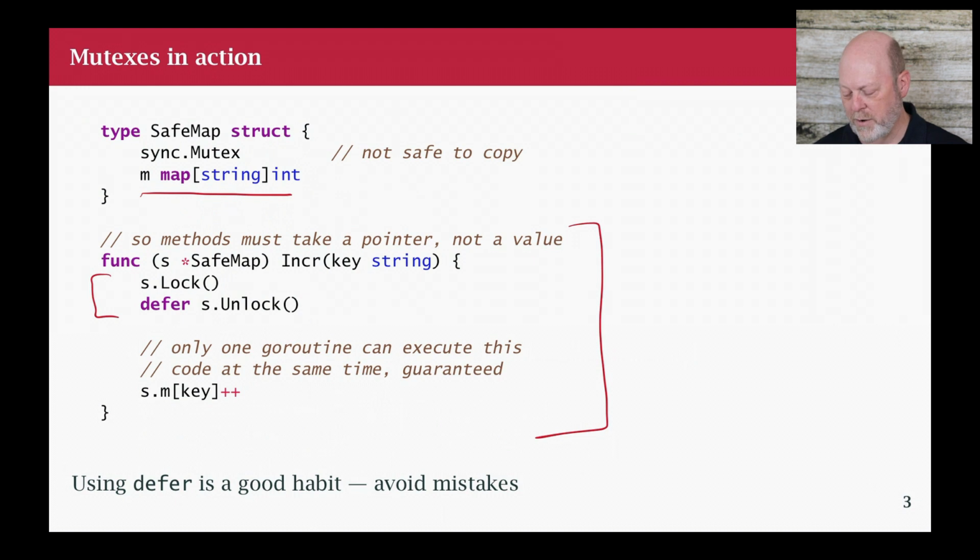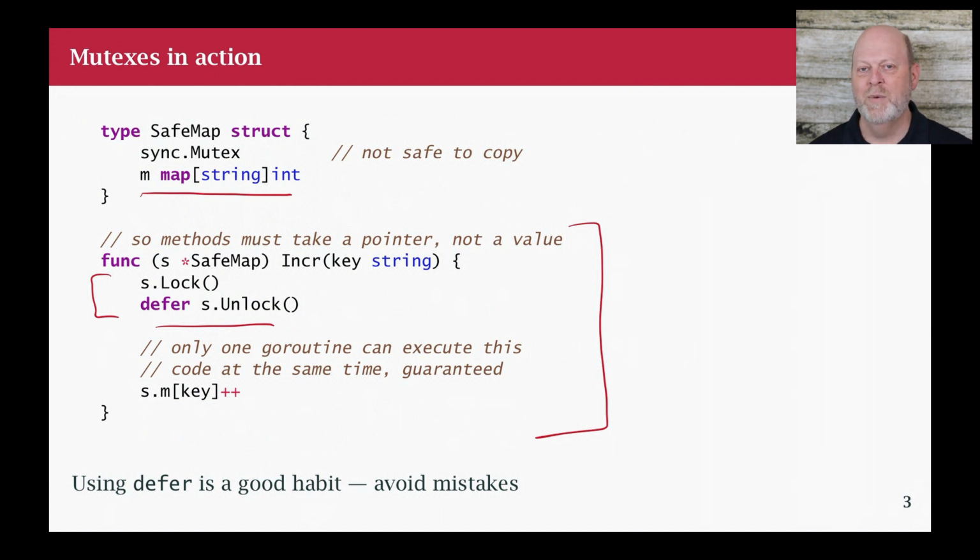I put the lock in here, and this is also good style because I lock it and I immediately defer the unlock. A very common problem with locks is that you've got a function and you lock at the beginning, and then people start making the function more complicated. It starts having if-else, and maybe it ends up having more than one place to return, and suddenly somebody adds a branch where they forget to unlock in some particular case.